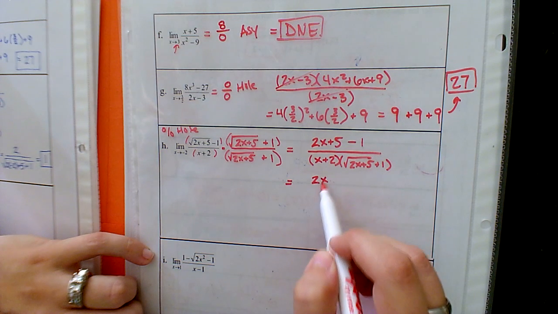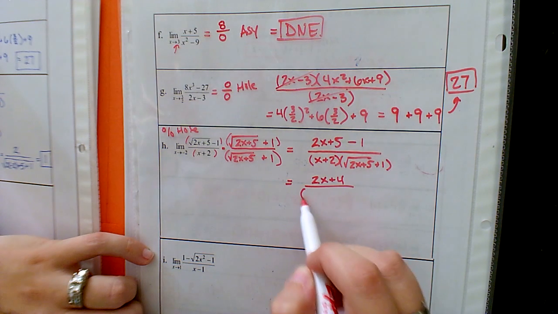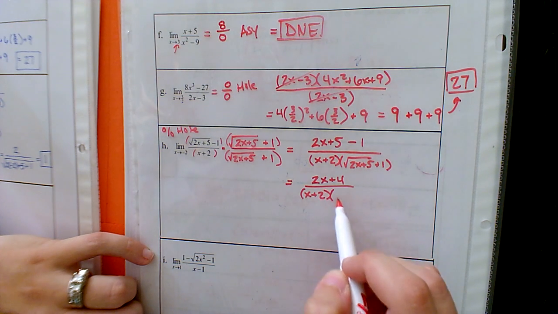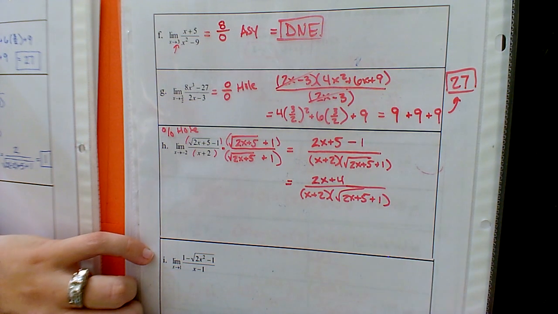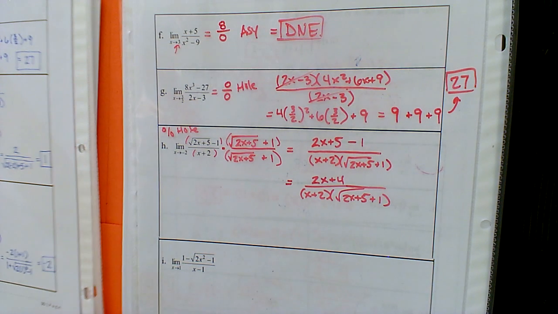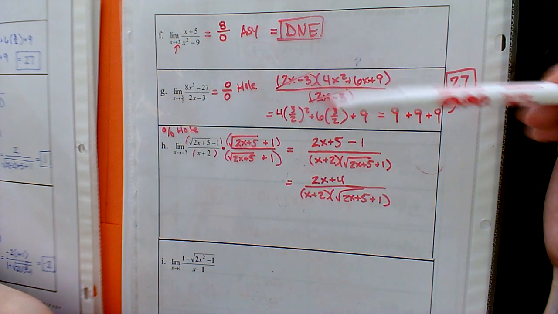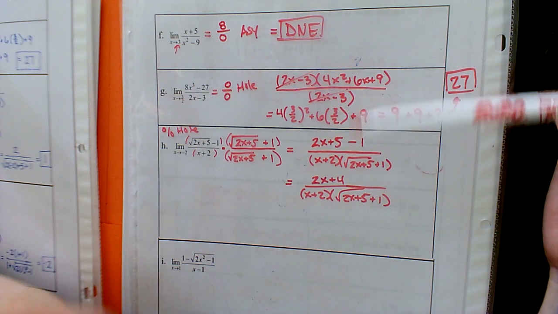So let's go ahead and clean it up. 2x plus 4 over that denominator. You see anything else we could do? What do you think, Braden? Now, we eventually want something to cancel out, that way we can get a simplified version.